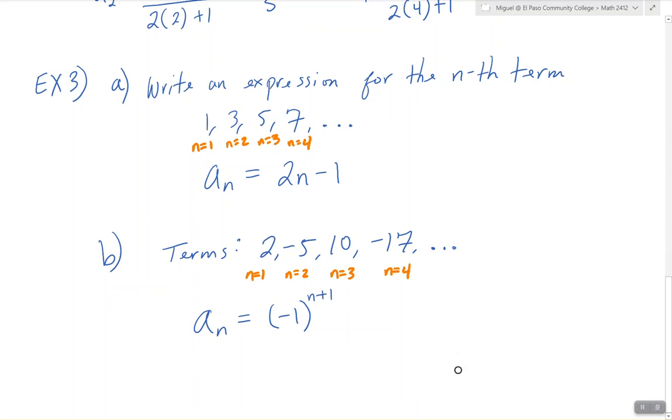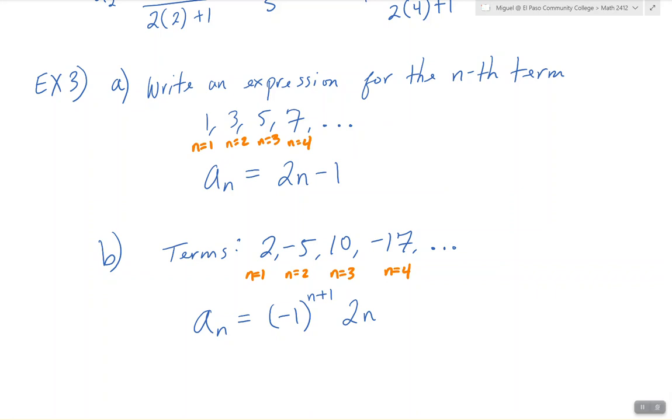So for the first one, I need to get a 2 when I plug in a 1, right? So you might try different things. Might not always work. But let's just say I started with something like 2n. So n is 1.